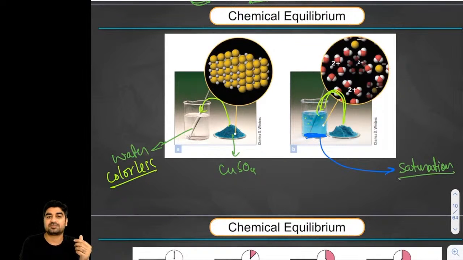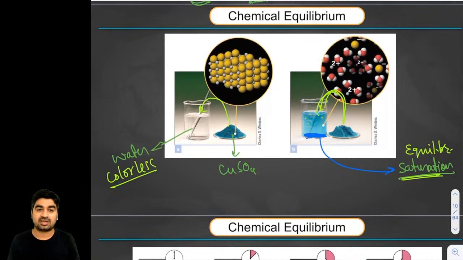And what is saturation? The stage at which the rate of the forward reaction becomes equal to the rate of the backward reaction. We call it saturation, but in chemistry we call it equilibrium. Now equilibrium has been reached, but equilibrium never means that no reaction is taking place. Equilibrium means the rate of forward has become equal to the rate of backward. You are taking copper sulfate, so it means the rate of dissolution.